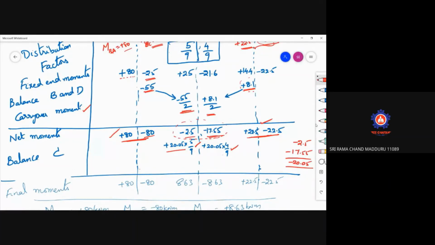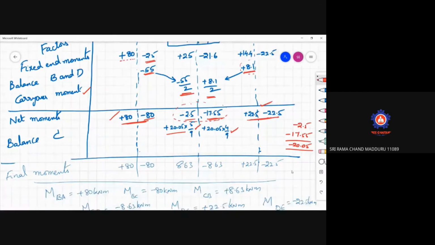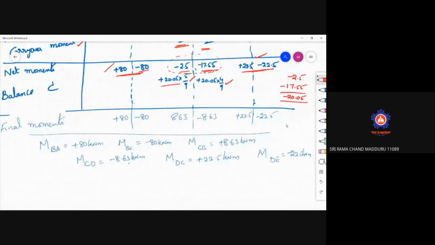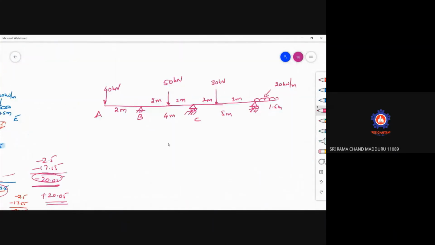When you get these final moments, continuing from this we can calculate bending moment diagrams as well as shear force diagrams. To draw the bending moment diagram, we already know that we need to extend the lines.